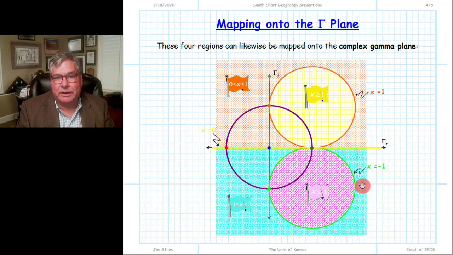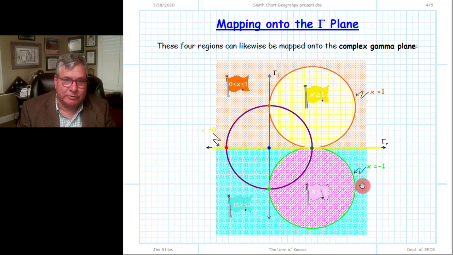We just go through and identify the regions between these boundaries to see how the four regions that we stacked up in the normalized impedance plane, how each of those regions map onto the complex gamma plane. And what we find is the distinction between inductive region and capacitive region, between valid region and invalid region, likewise holds true on the complex gamma plane as well.